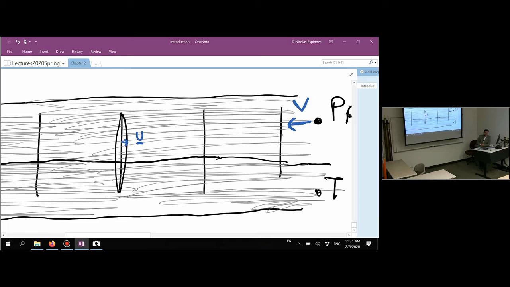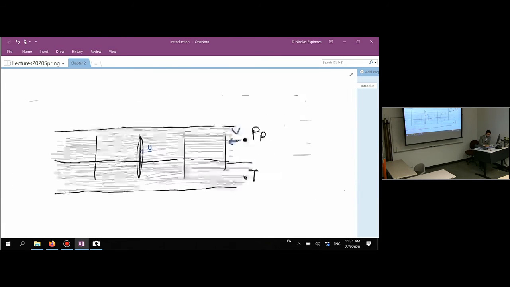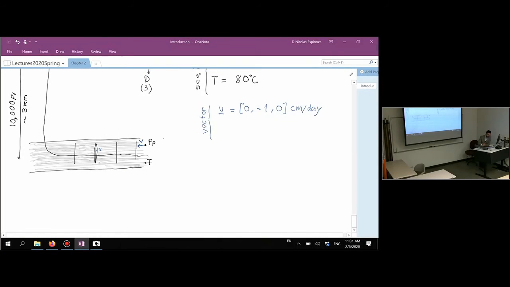And displacement is a vector. In this case, it moved towards the east. It didn't move downwards, and it didn't move in the north-south direction either. So let me clarify, this is v, velocity, this is u. Probably we could say in this case that it moved 0.5 inches in the direction east. So that would be another example of a vector.